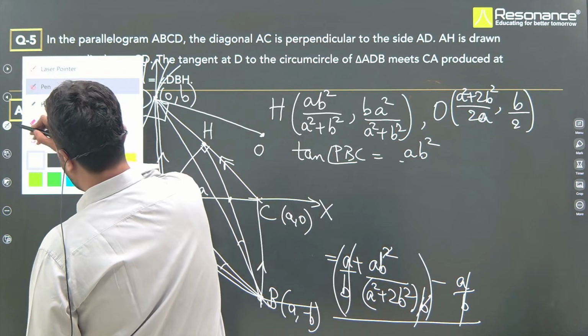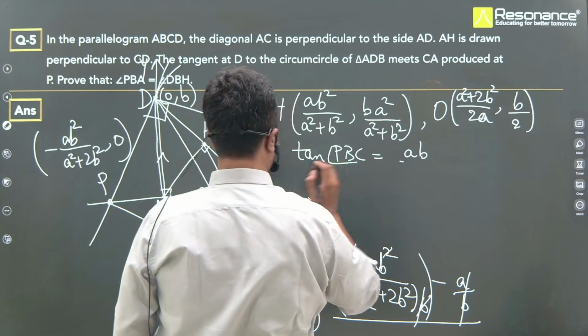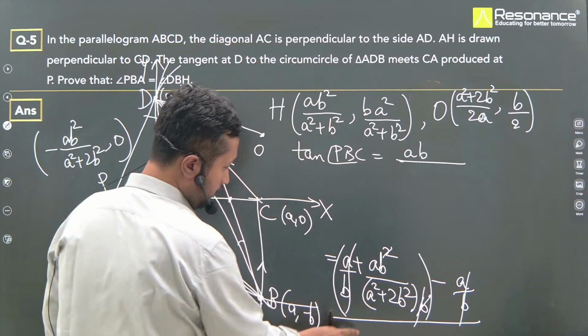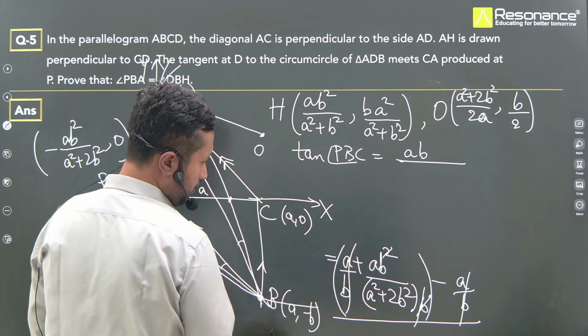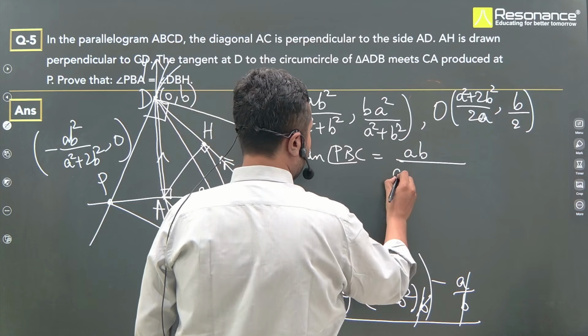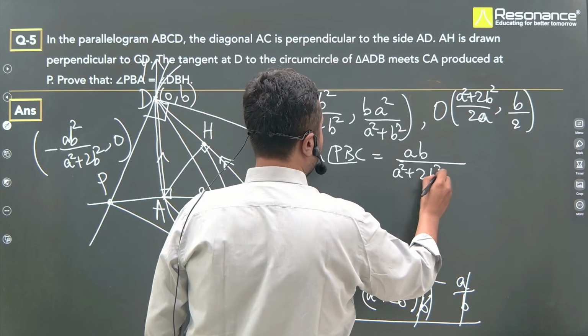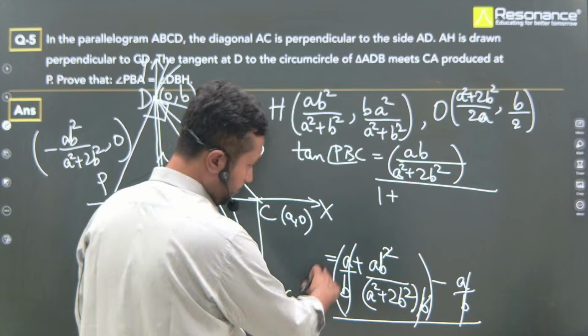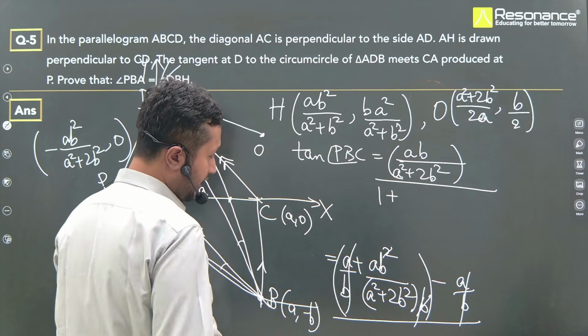So it is AB divided by A square plus 2B square, and the whole thing divided by 1 plus this quantity times that quantity.